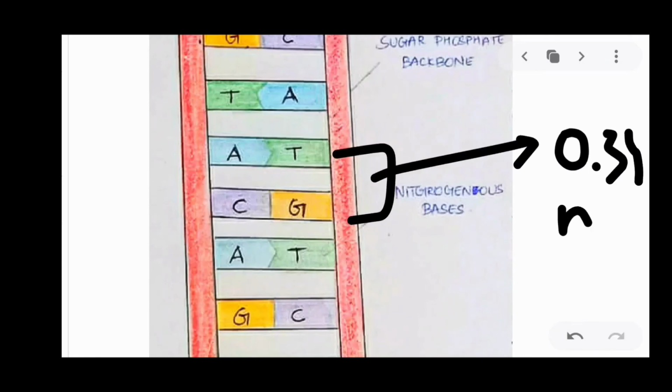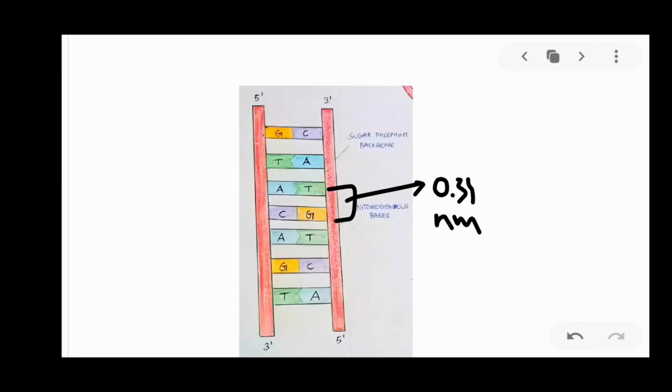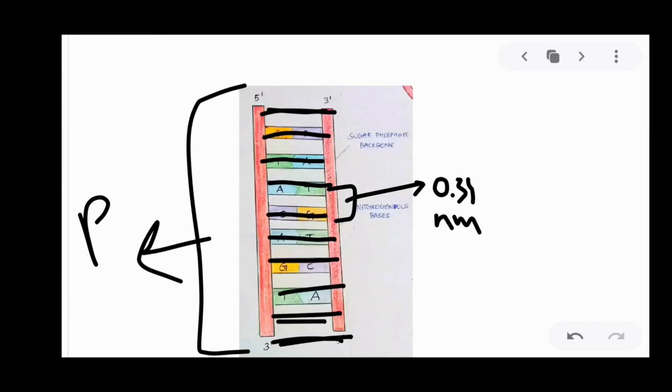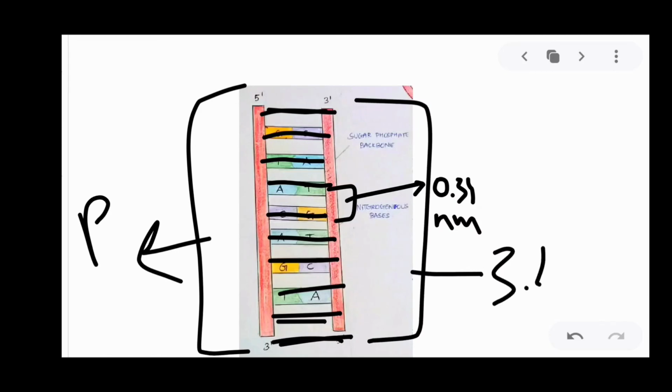If we add 3 more base pairs, then this will be called a pitch of the helix. It will contain 1, 2, 3, 4, 5, 6, 7, 8, 9, 10, so 10 base pairs are there. So with 10 base pairs in one pitch, overall it will be 3.4 nanometers.